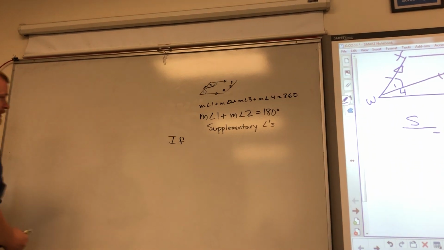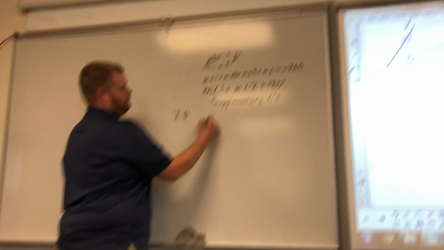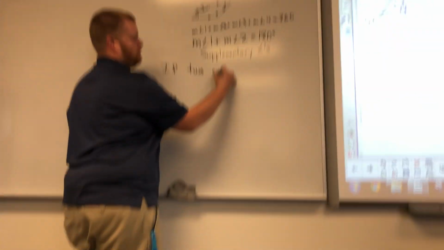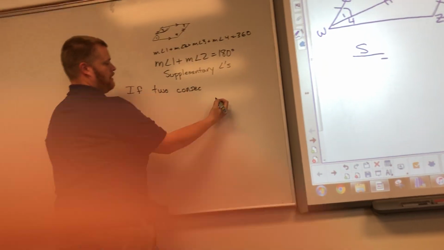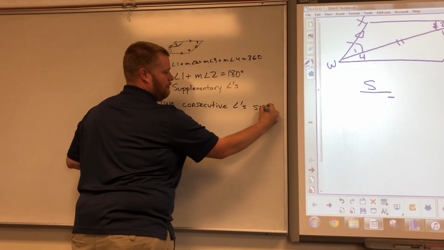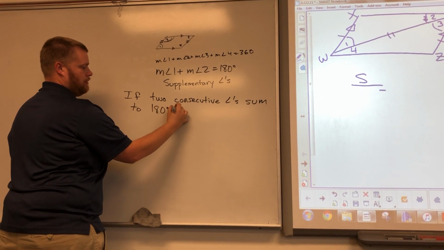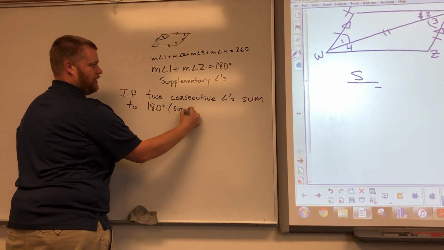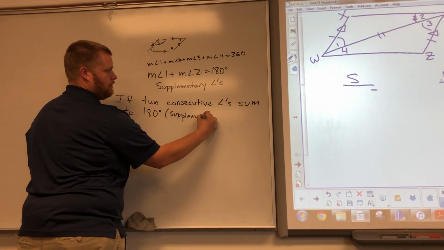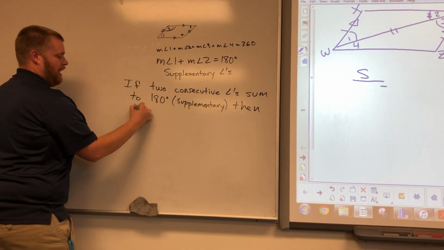They're called consecutive angles. So if two consecutive angles sum to 180 degrees, in other words, they're supplementary, then the lines are parallel.